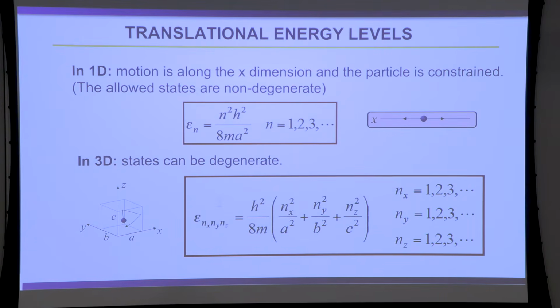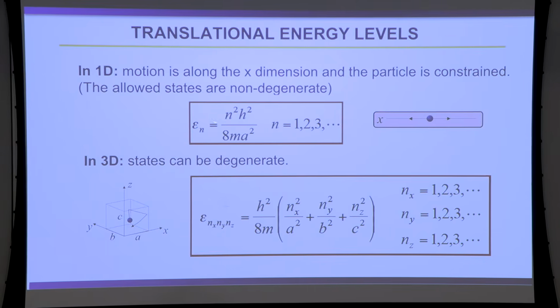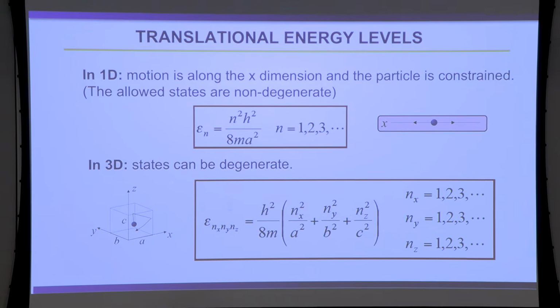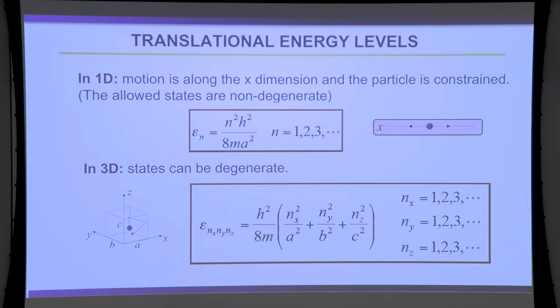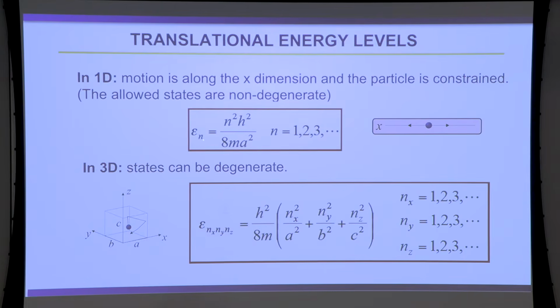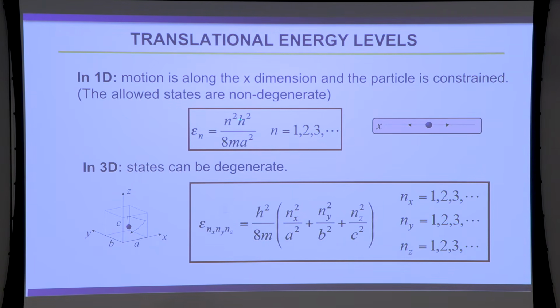What about translational energy? If you have 1D motion along the x dimension of the particle, this is the type of expression. Now remember, I need to go back to the Schrödinger equation, so I need all this information about the state and the type of energy. What you see here for 1D, again, don't worry too much about the equation.